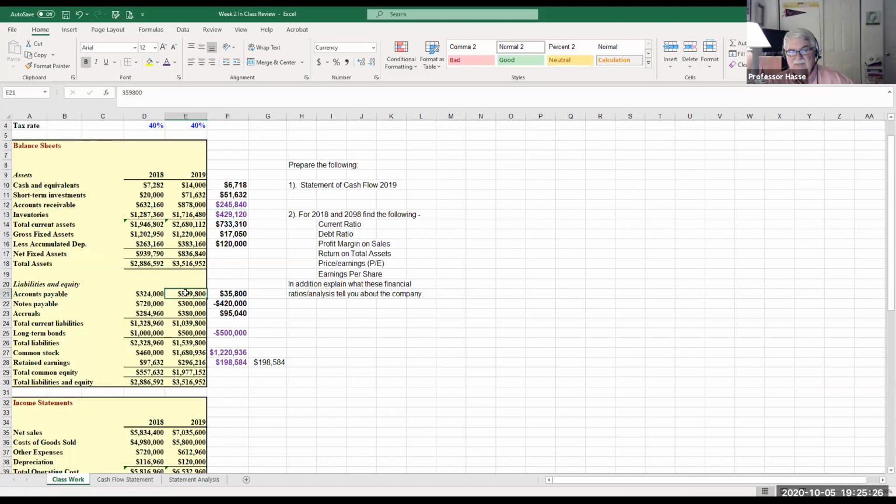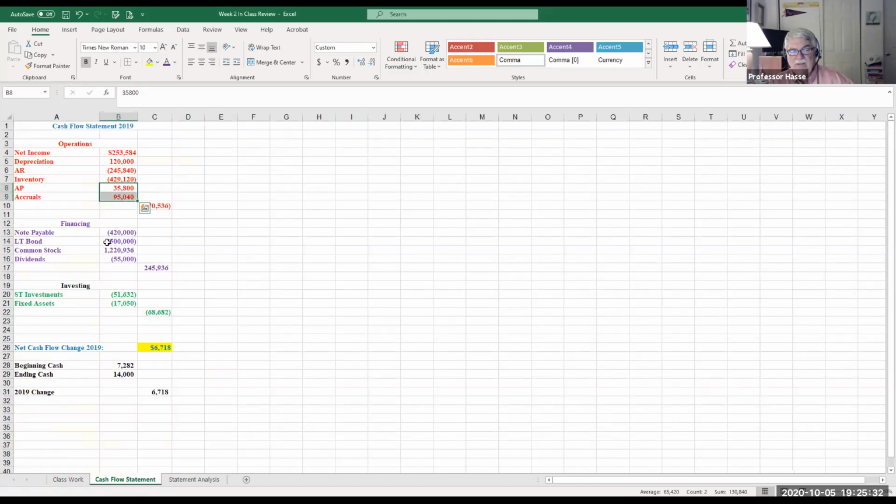When liabilities increase, that's positive cash flow. Why? We're postponing paying the bill. So we're saving money. Now eventually, probably in 2020, these have to be paid. But as of December 31st, 2019, we haven't paid them, so it's positive cash flow.